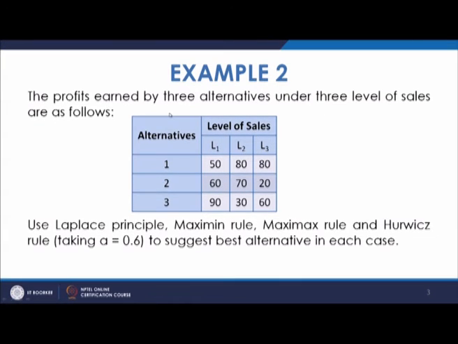The probabilities are not given in this case, and you have to use the Laplace principle, Maximin, Maximax rule and Hurwitz rule, and suggest the best alternative in each case. So, we will use these different rules to come to a conclusion as to which alternative is better. Let us start with the Laplace rule.